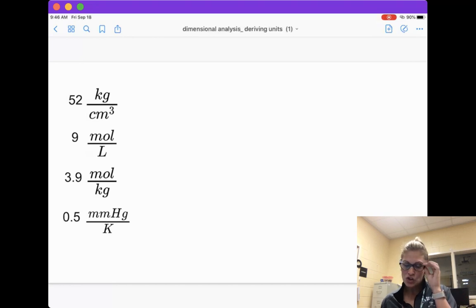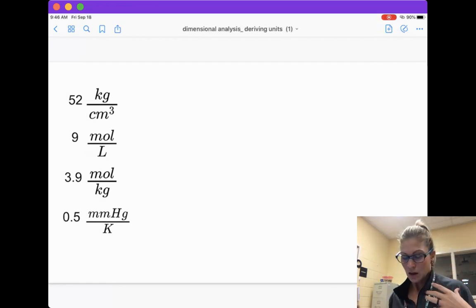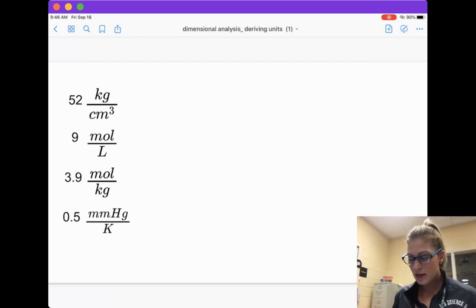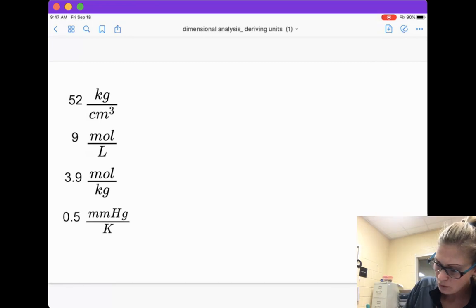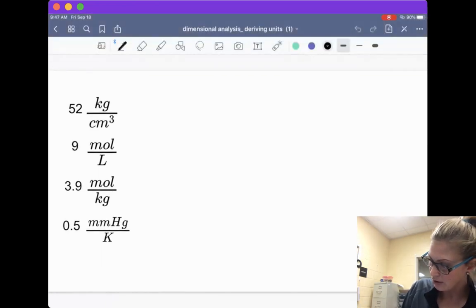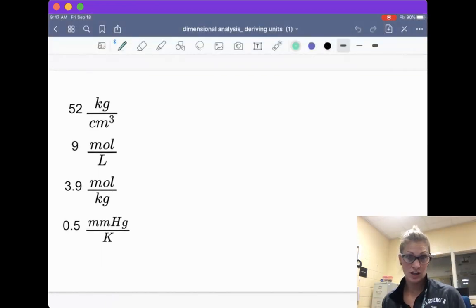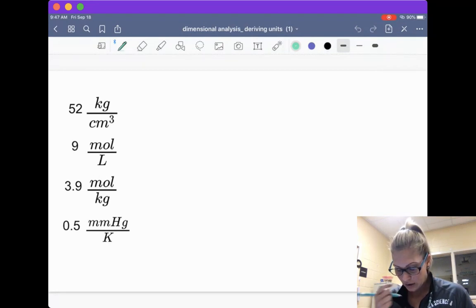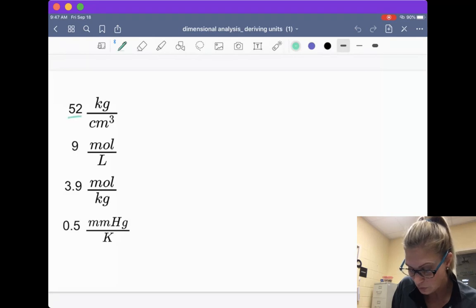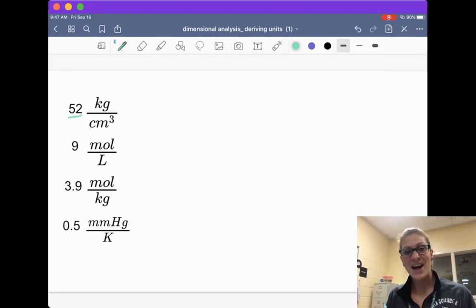So when we look at units like this, what does it tell us? What do they mean? Here, when I look at this first value, it tells me a lot. This value of 52 was created by taking kilograms and dividing by centimeters cubed.